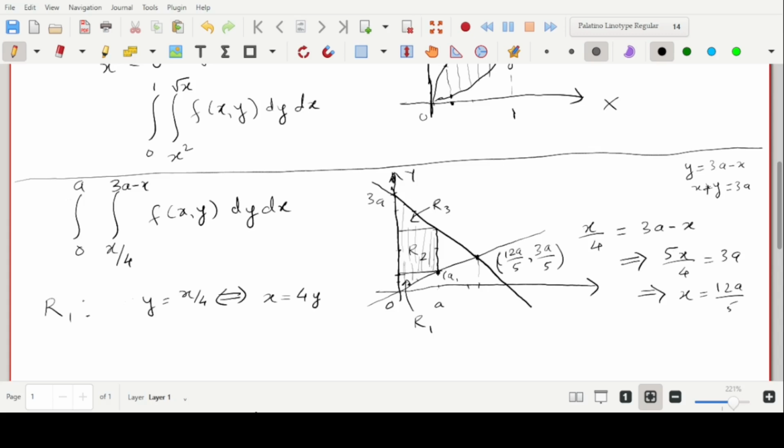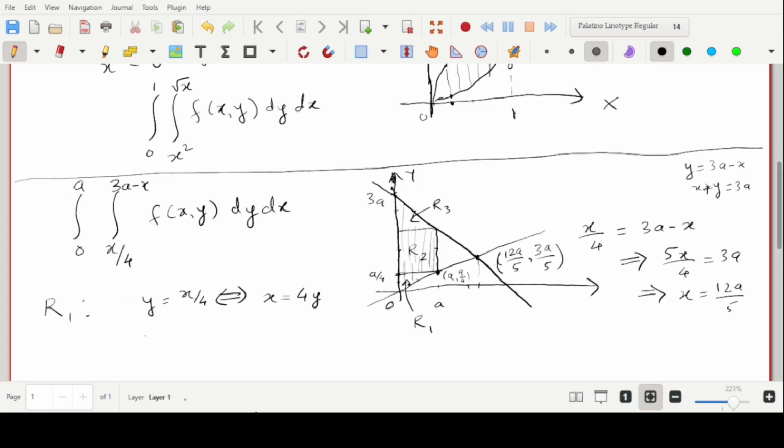So the y coordinate will be a over 4. Alright, so this is the y coordinate, the height from the x axis. So for this triangle, y varies from 0 to a over 4.